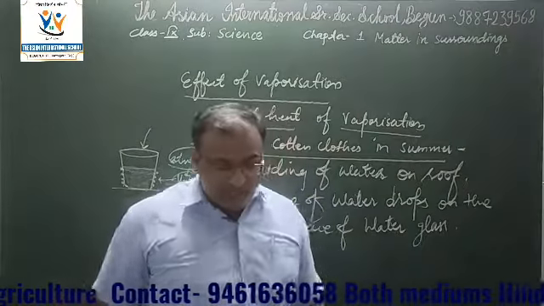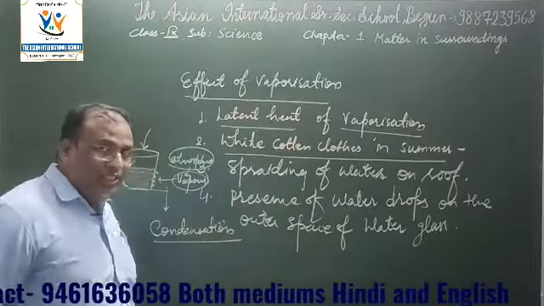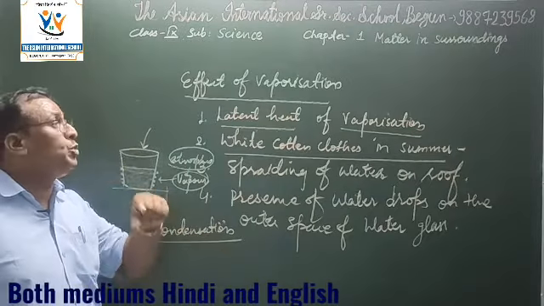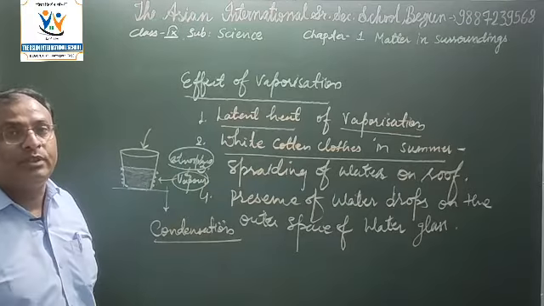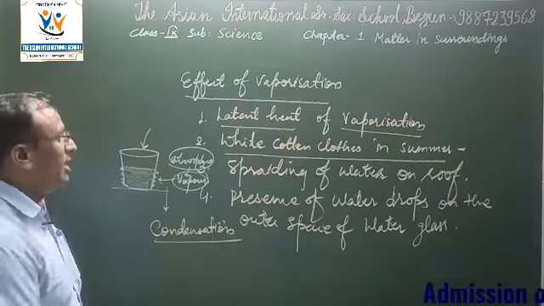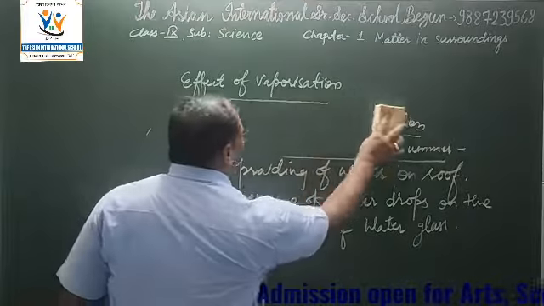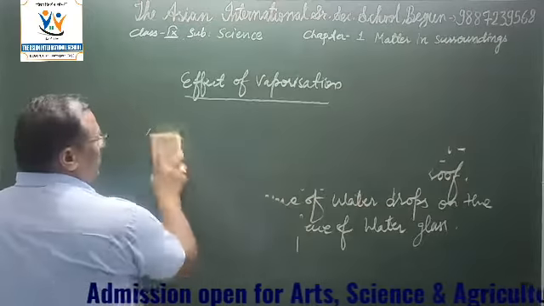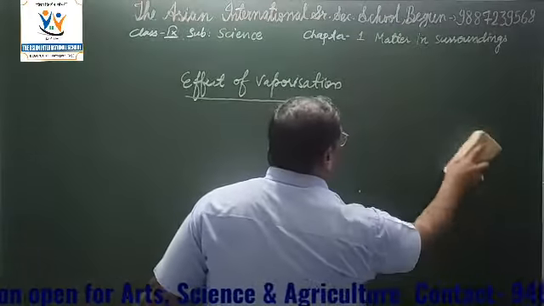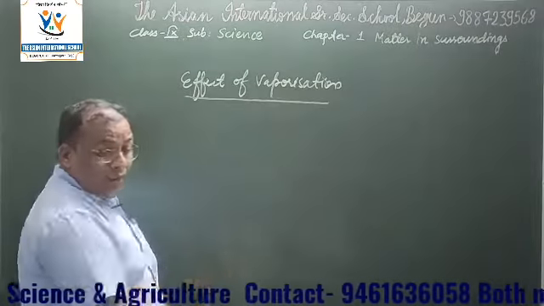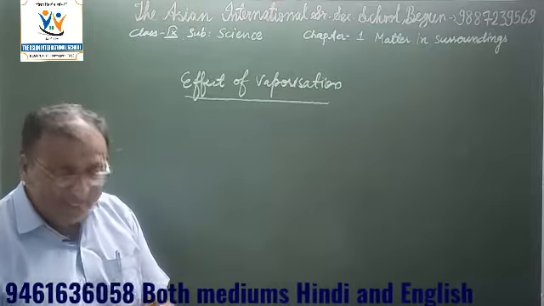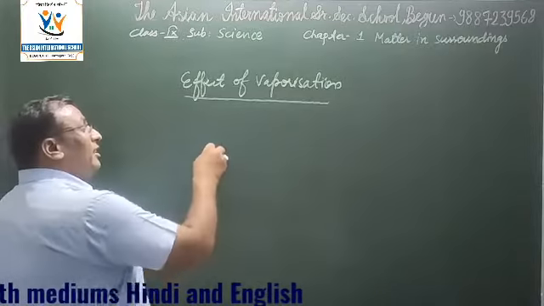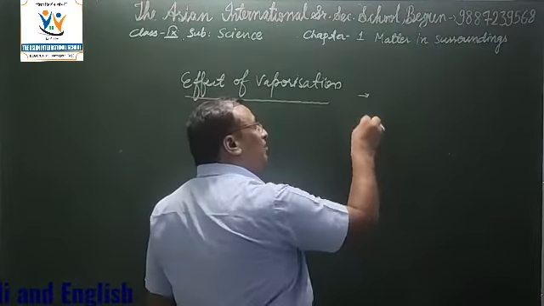I would like to explain some different portions relevant to our matter in surroundings and the states of matter in surroundings. Now see, this is given in your syllabus, but for your knowledge, I would like to explain because I want to improve your knowledge. We have studied the states of matter.